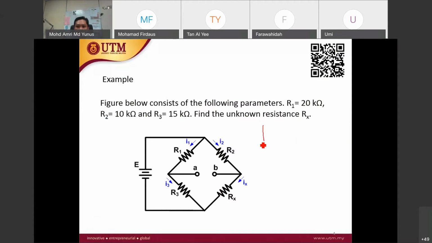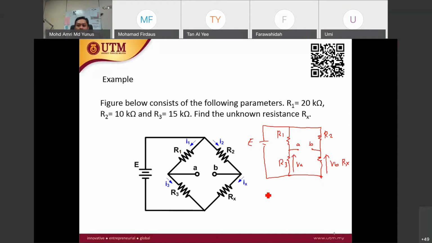We draw the circuit. So this is basically VA, this is basically VB, and R1, R2, R3, and this is Rx, with E.